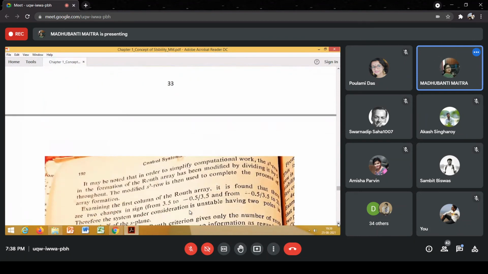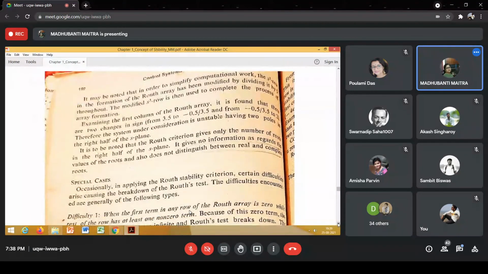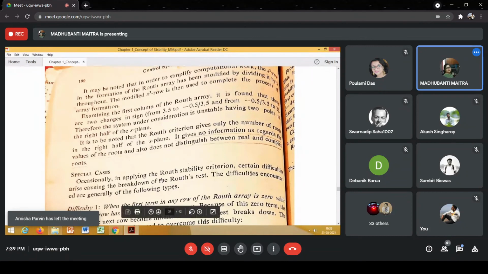So then what to do, how to tackle that particular situation? If due to some reason we cannot compute the complete Routh table, that means we are coming across some special cases.